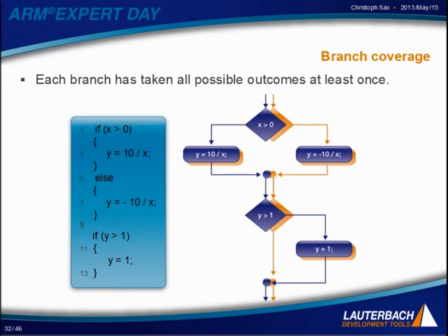The next one is branch coverage, requiring that each branch has taken all possible outcomes at least once. We have the same example with our 2 execution paths, and for both if blocks, we have covered all branches, the 2nd branch and the 4th branch.